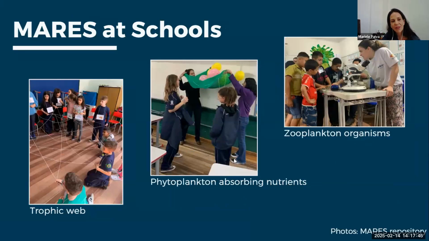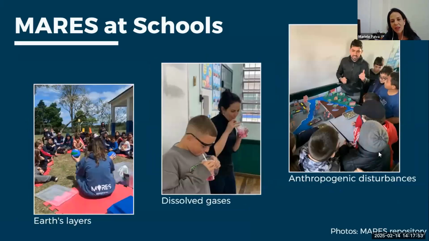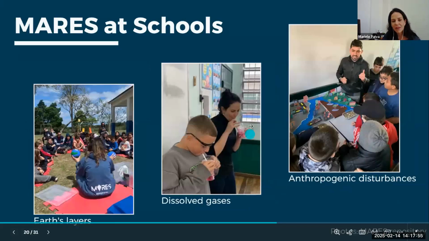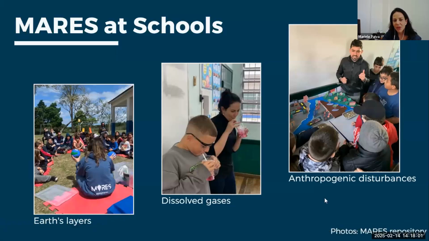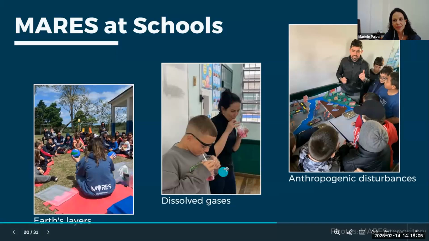And they really have a lot of fun, they enjoy a lot, and we too. It's really nice. Or here, we used only cups and straws and pool water pH indicator to talk to them about dissolved gas. And it's really nice.